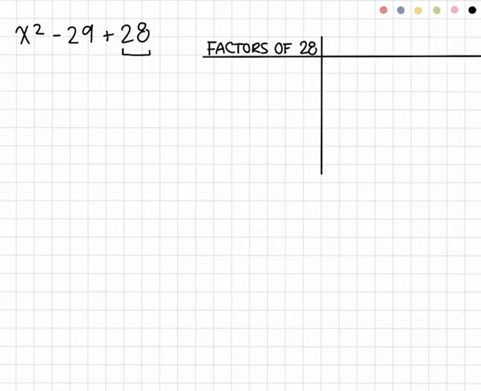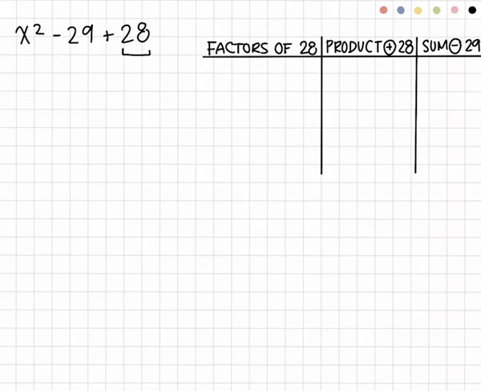All right, so that means when I multiply these two numbers, my product is going to be positive 28. But when I add these two numbers, their sum is going to give me negative 29.